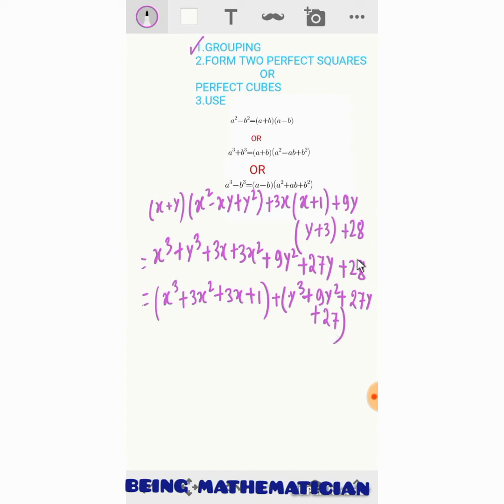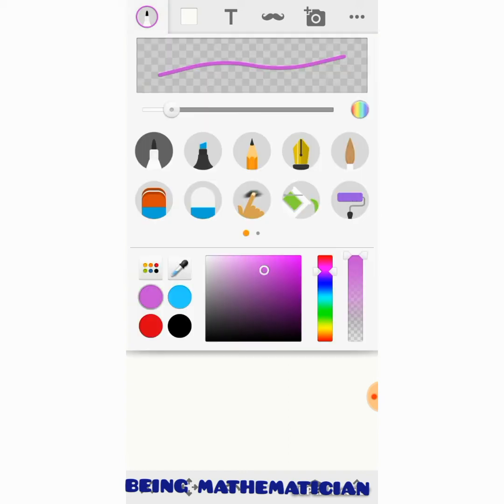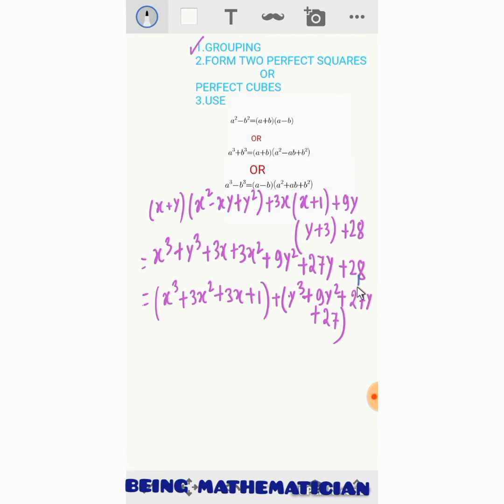Here 28 gives us two terms, that is 27 and 1.